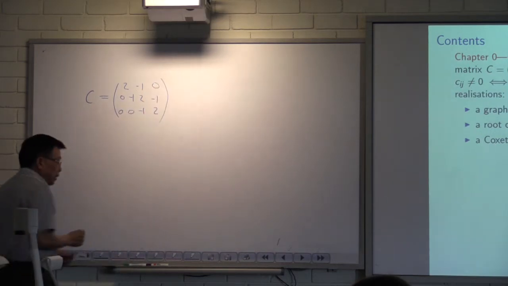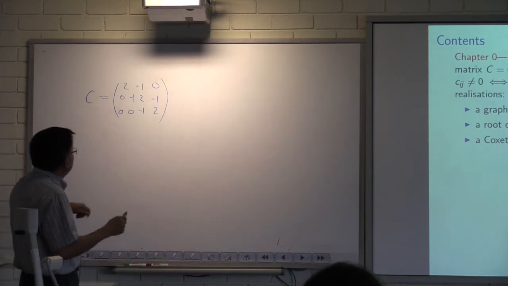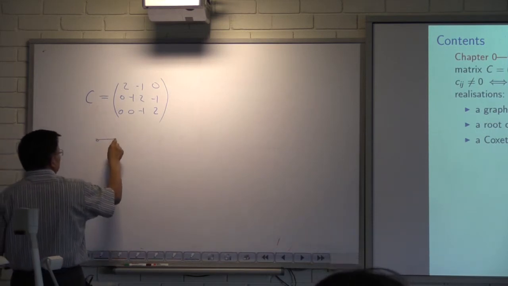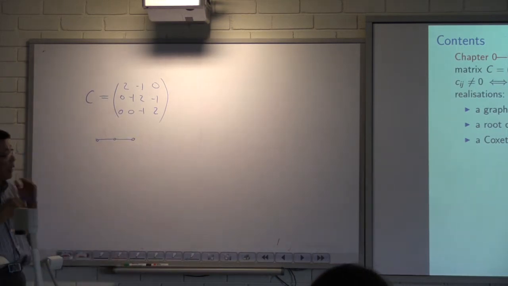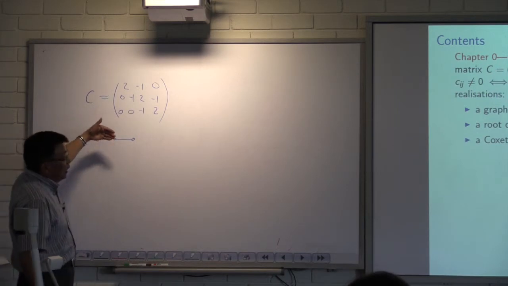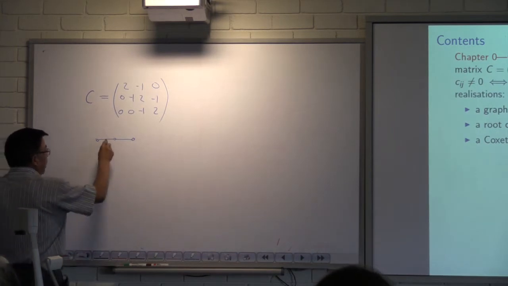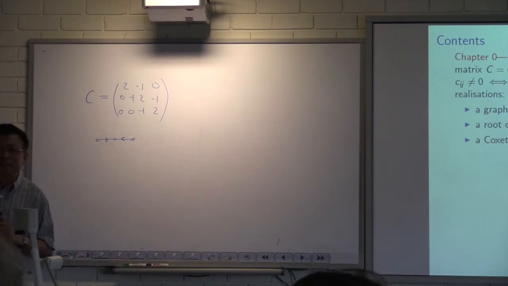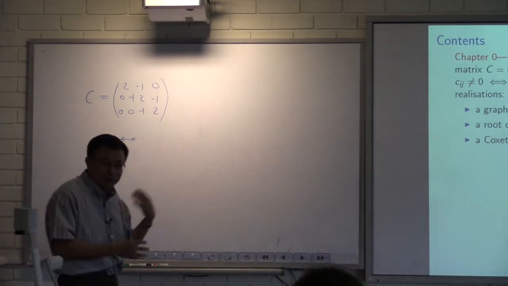Because this is the Cartan matrix of type A, one type of realization encodes such a Cartan matrix by a graph like this, with three vertices and two edges. This is actually the representation theory of algebras, because if you put some arrows here, you get a quiver, then you can talk about representations of these graphs. Now, the root datum realization is completely related to this theory. It's a root system.